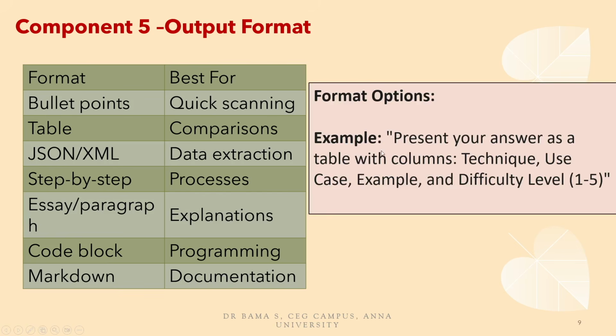An example here is, present your answer as a table with columns: technique, use case, example and difficulty level 1 to 5. So this is an example of how we give in a prompt how the output should be structured.